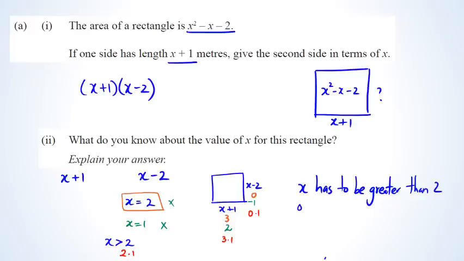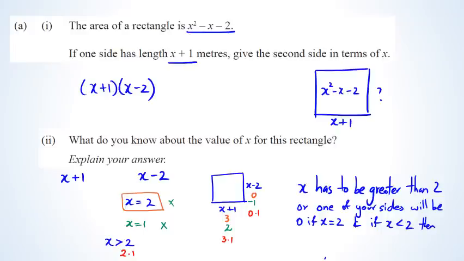Otherwise, one of your sides will be 0 if x equals 2, and if x is less than 2, then one of the sides would be a negative value. So I guess that's what they're trying to ask you to do in this question. Okay, next question.